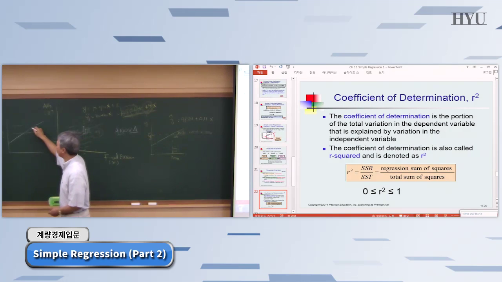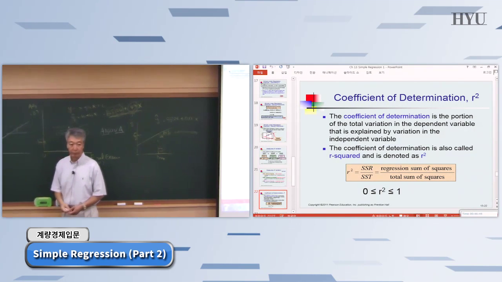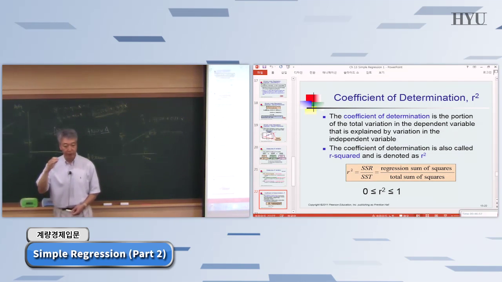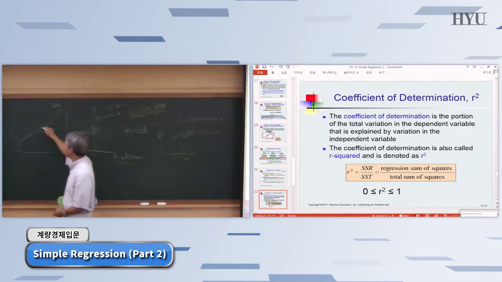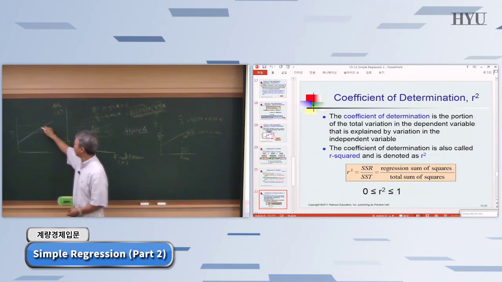So total deviation is this much. What about the explained deviation? Explained deviation is the difference between the predicted value and the grand mean. So here, this is the predicted value, and explained deviation is this much.